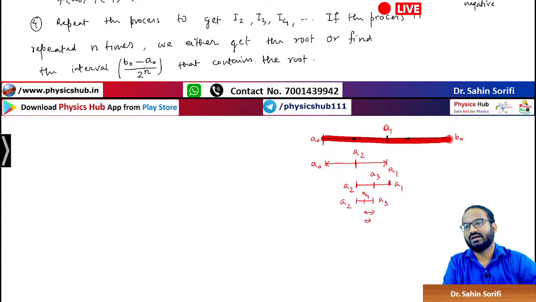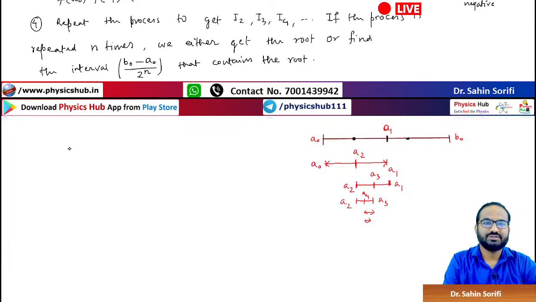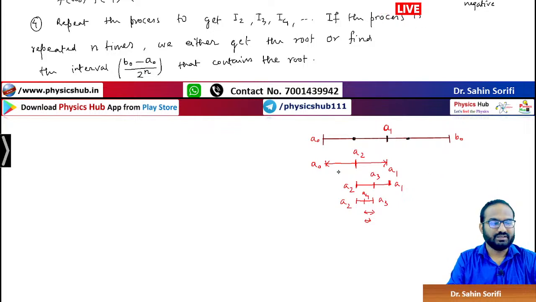Let's say the actual root is here. You can get it here, here. So the error cannot be greater than this. Wherever the actual root is, the error cannot be greater than half of this whole length. So this is the logic which we will use to calculate the error.